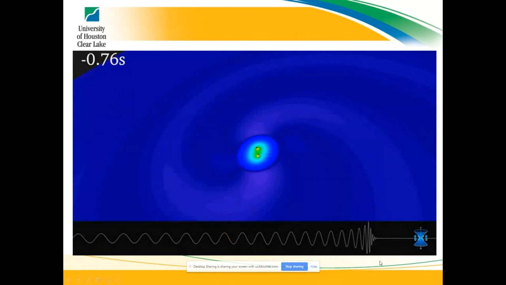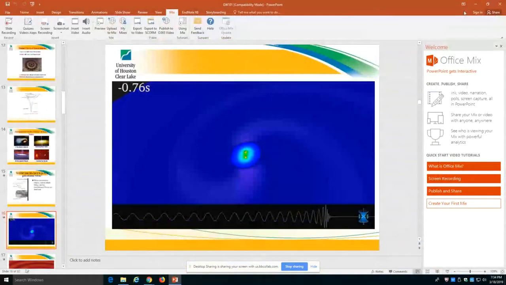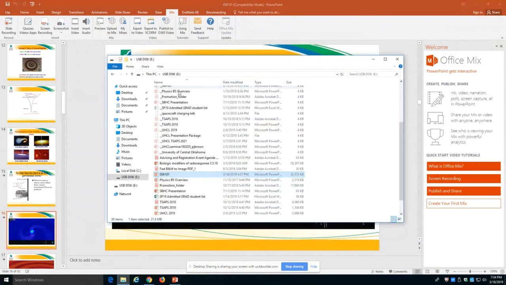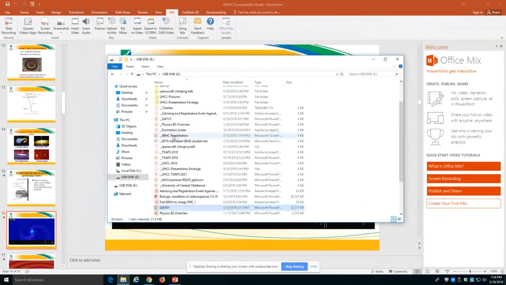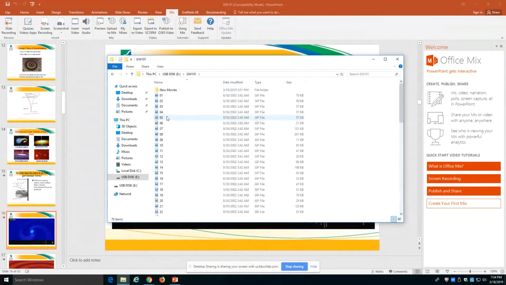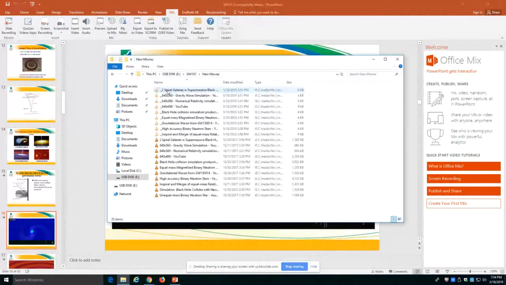So let me see. Hopefully this works. Thank you, Windows. All right. This is where my flash drive comes in. Okay.